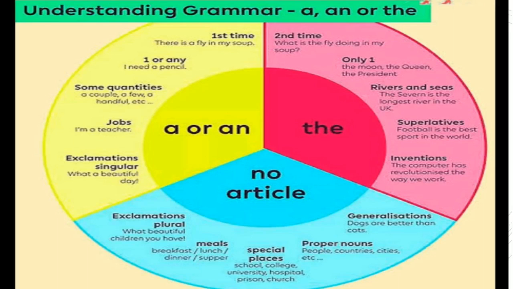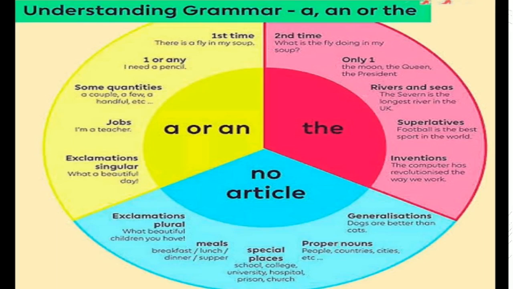When we spoke about the indefinite article, that is a or an, but if we look at the, where are we using it? For example, with superlative degrees of adjectives, or some inventions, or the names of rivers and seas, or when a singular noun is representing the whole class.